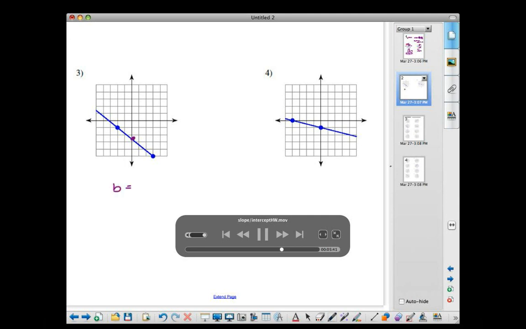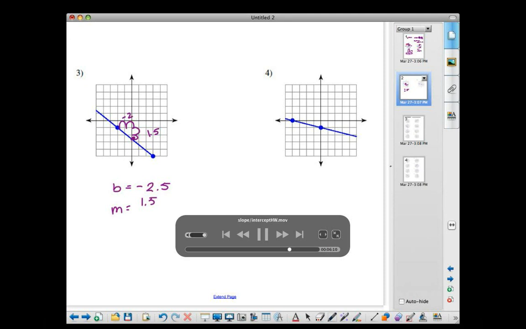When I look at slope, I also have to keep in mind that there's a half of a unit here. So I have a rise of 1.5 and a run of 2 spaces in the left direction, so it's a negative 2. That tells me that my slope is 1.5 over negative 2.